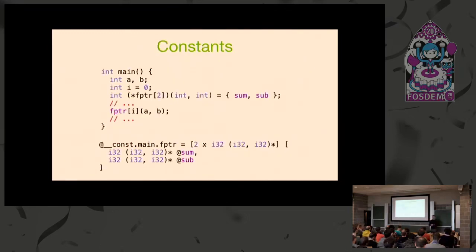Another surprising part was the constants, and it's actually by far the biggest problem. If in the function main we define locally a constant that holds a number of pointers to some functions, at the LLVM level it will be a global variable.